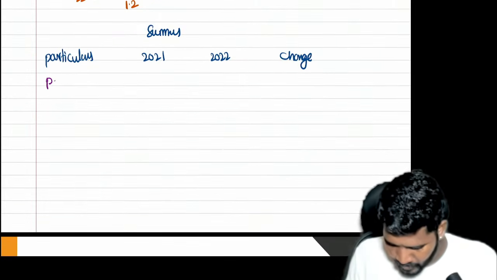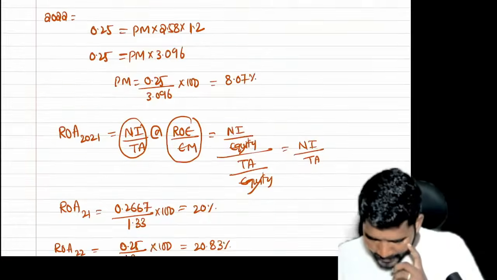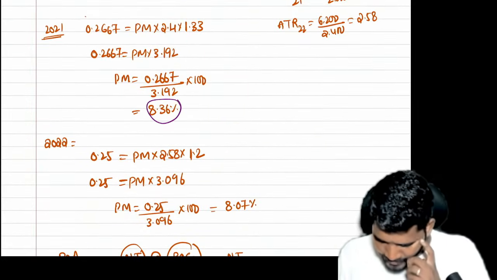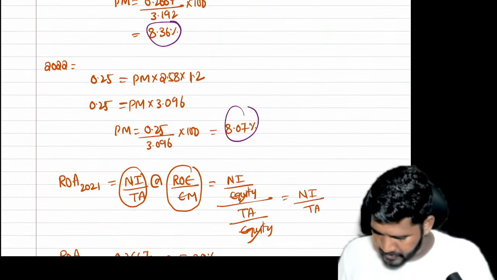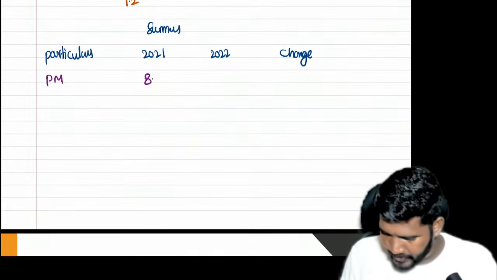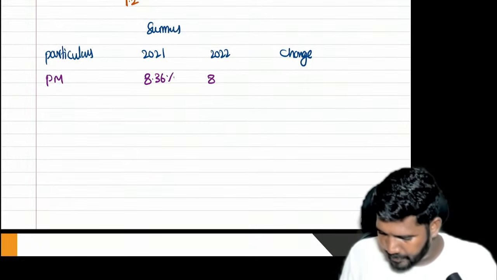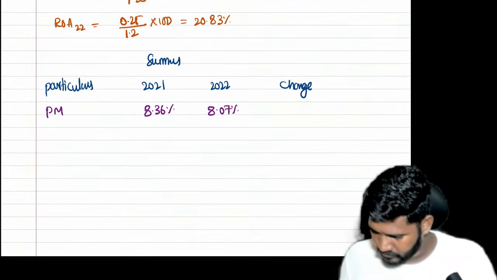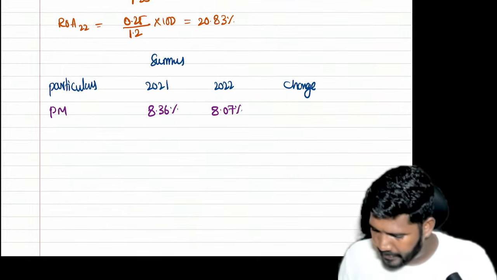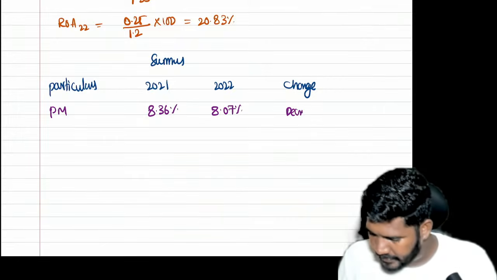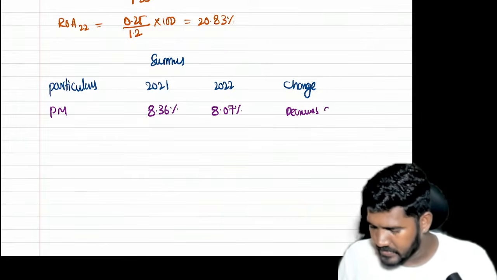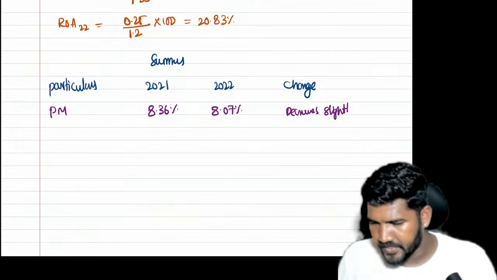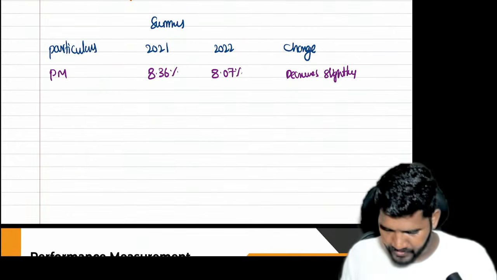First, profit margin we already calculated: 8.36%, 8.07%. What happened? It decreases slightly, not much more decrease, it's a small change in decrease.